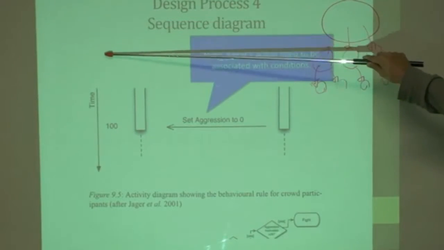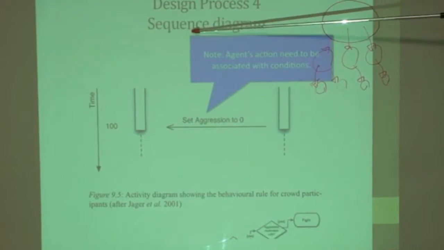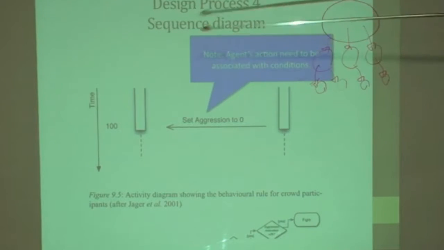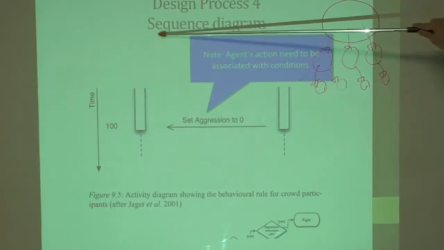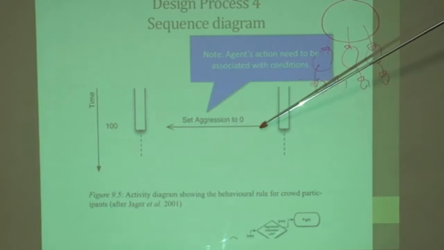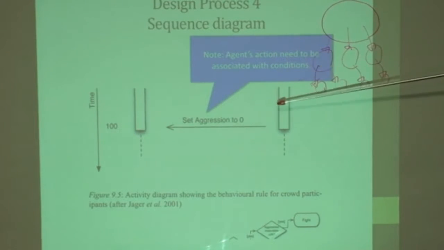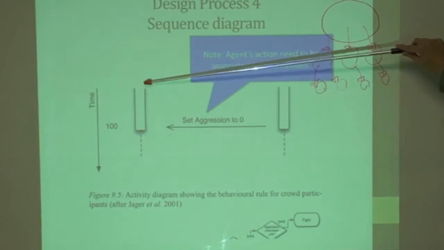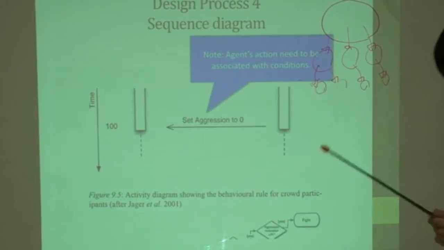This is a sequence diagram. This particular line is time, and this is the agent. You can see the agent in this place, and this is the action. This agent acts on this other agent. This is the action of the agent.